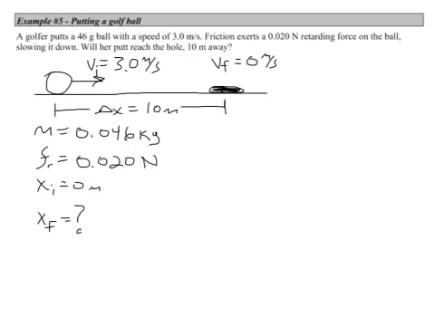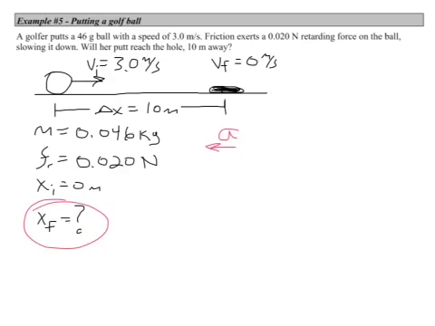We know it begins at 0 meters. We know that it ends at 10 meters. We know that it is moving at 3 meters per second, and its final velocity will be 0. So this thing is slowing as it moves down here. So we have an acceleration. That tells us we do have an acceleration in the negative direction this way, and we're looking for eventually this.